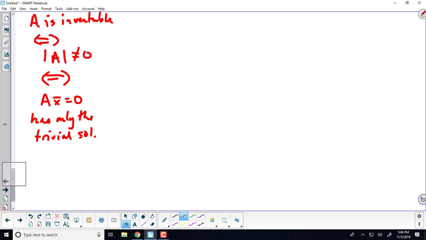Put another way, that only works if A is what we call non-singular, which is the same thing as being invertible, which is the same thing as the determinant not being 0. So these are all the same idea.